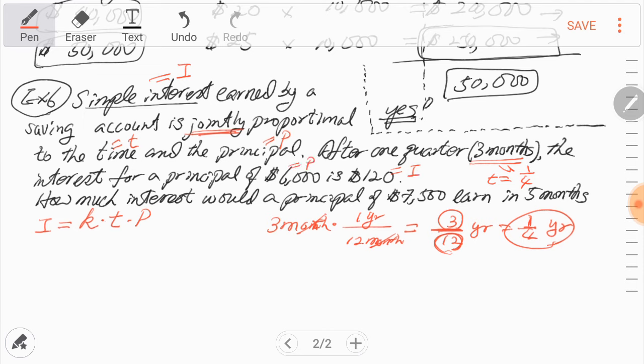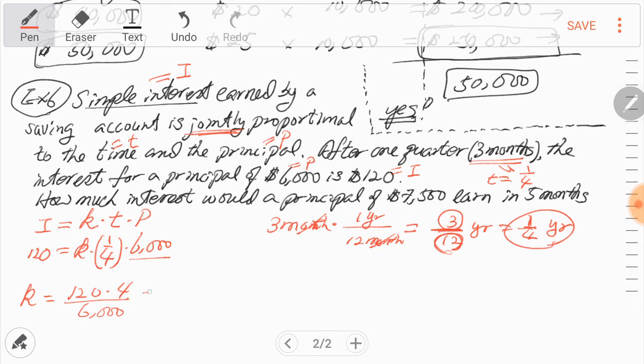So let's plug in all these three values. So interest is $120. K multiplied by the time is 1/4 year. Okay, we gotta use year instead of month, and the principal is $6,000. So from here, let's find the K. Okay, so multiply each side by 4, so 120 times 4, and divide each side by 6,000.